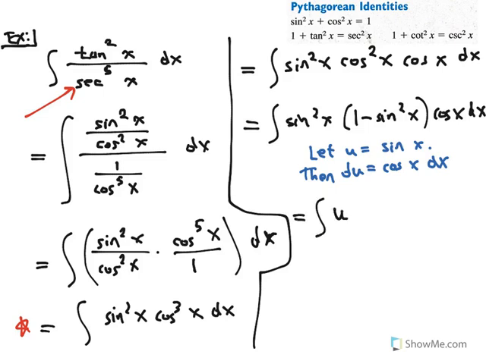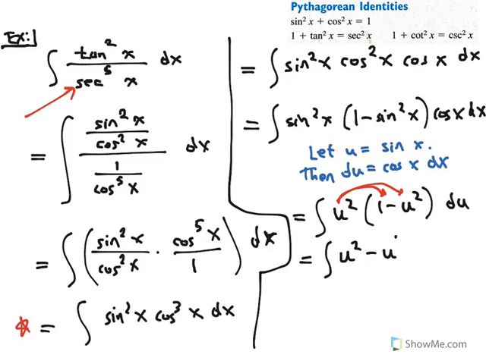So sine is u, so sine squared would be u squared, and then I have 1 minus, sine is u, so sine squared would be u squared, and then cosine x dx is du. I would need to distribute here, and that gives me the indefinite integral of u squared minus u to the fourth du.